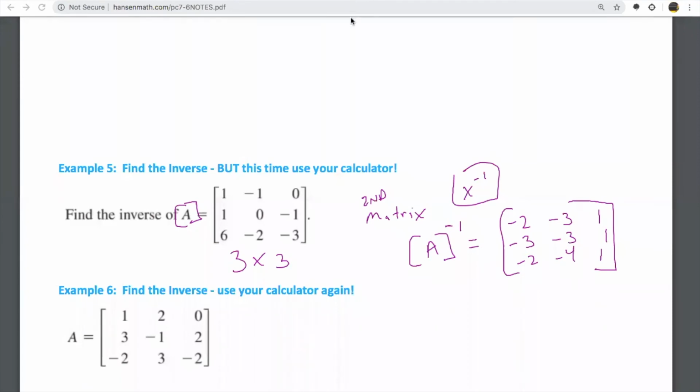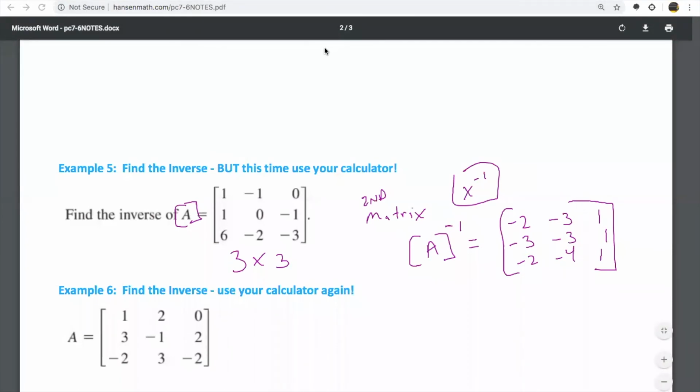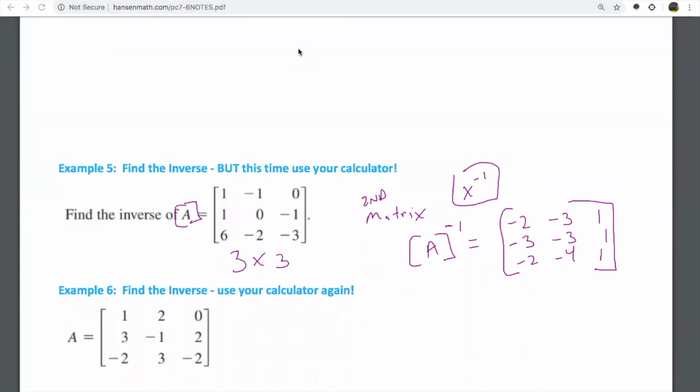In example 6, we have a situation where if you enter this into your graphing utility, which I'd invite you to perhaps pause and give it a try, if you enter matrix A or matrix B or whatever you want to call it into a 3 by 3 and take the matrix and apply the inverse, it's going to tell you error, singular matrix.